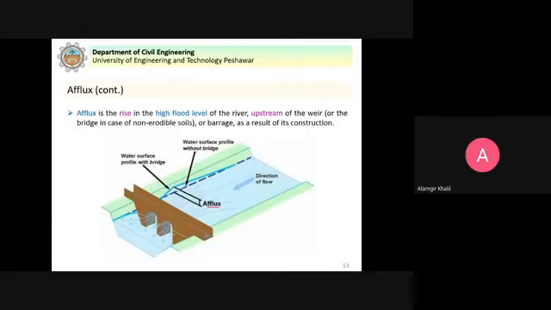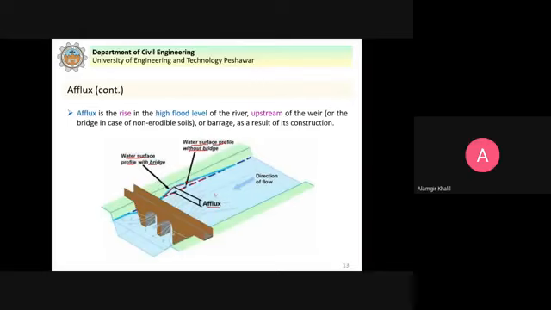So you see here this dark blue line represents the water surface profile without a bridge. But now the bridge is constructed, so the water surface profile with a bridge is this light blue.